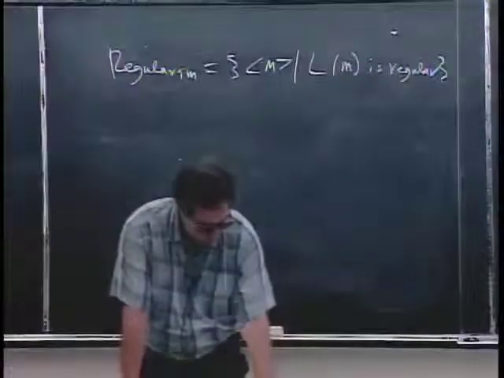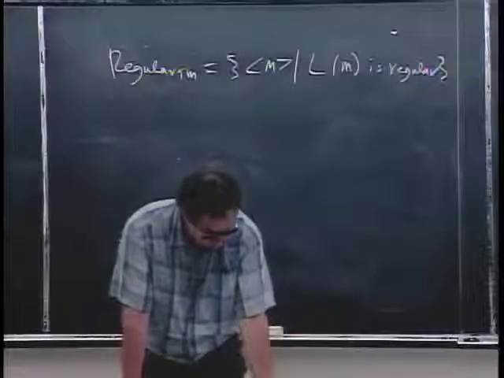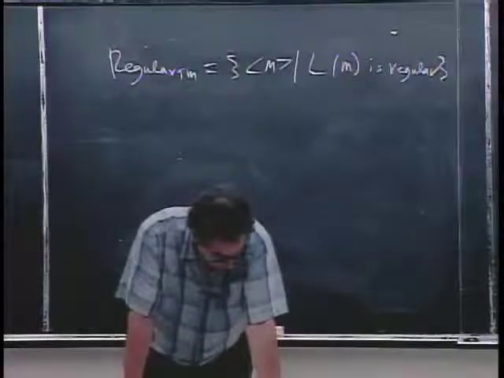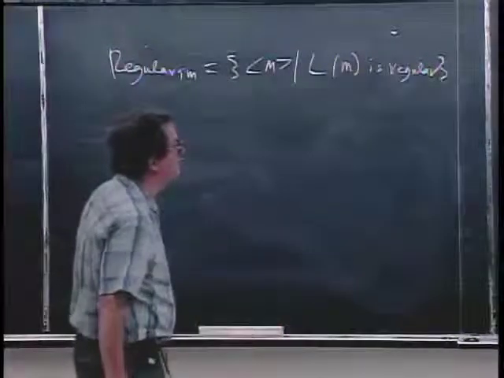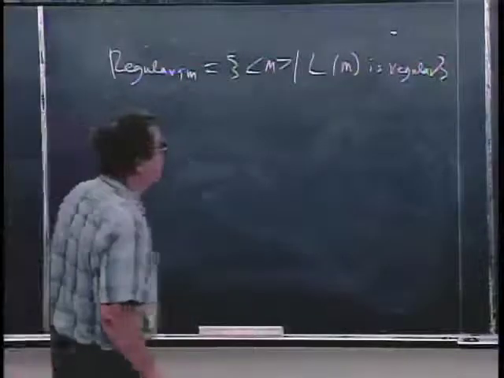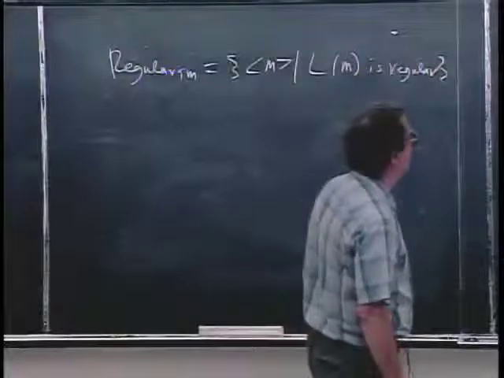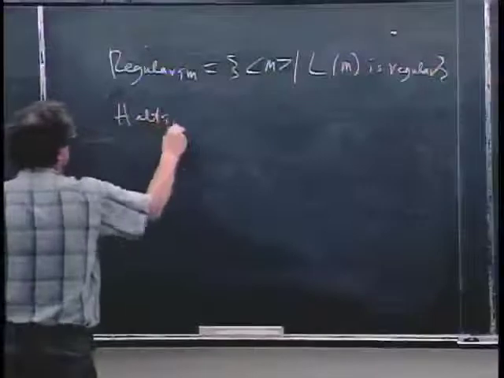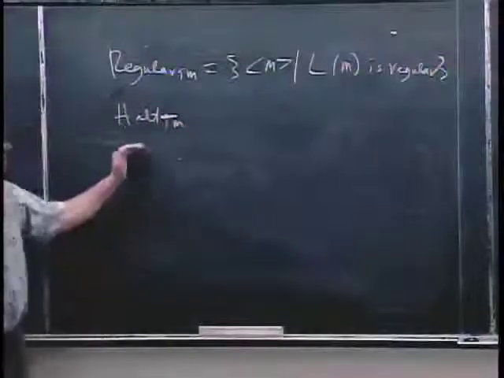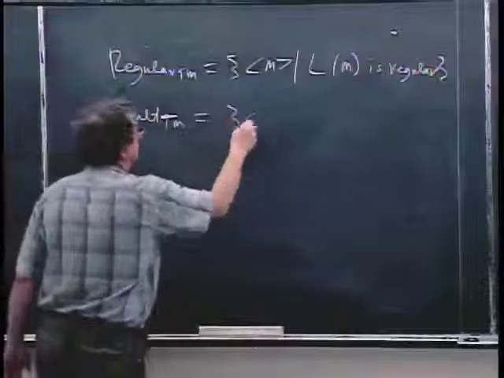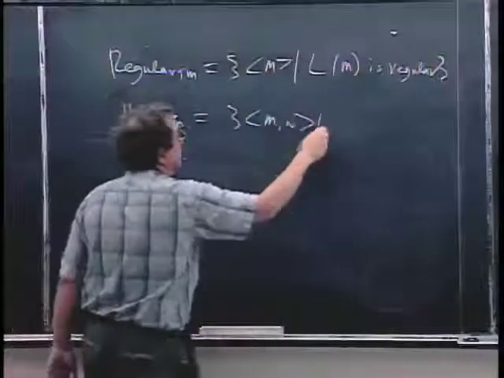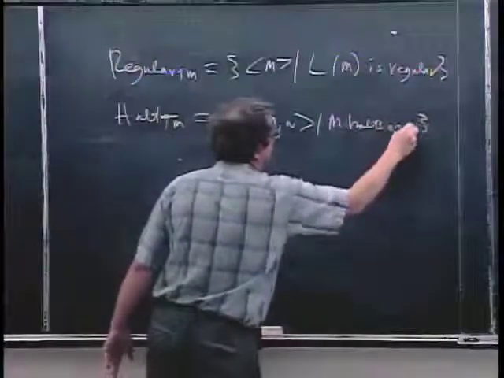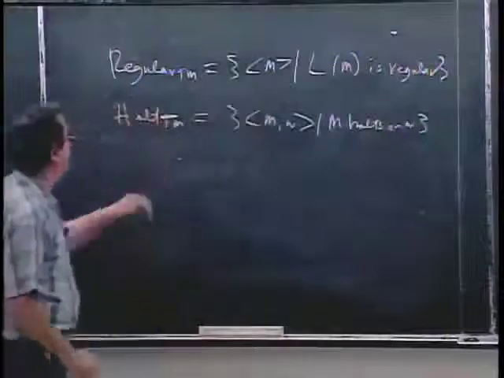Okay, so one idea: we had a language previously, HALT. HALT_TM is the set of pairs M, W such that M halts on W. And we already know this is undecidable.